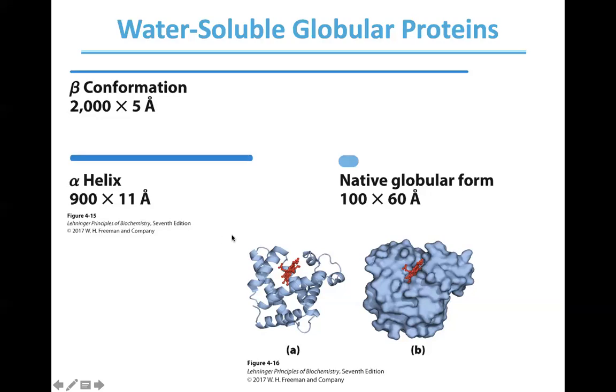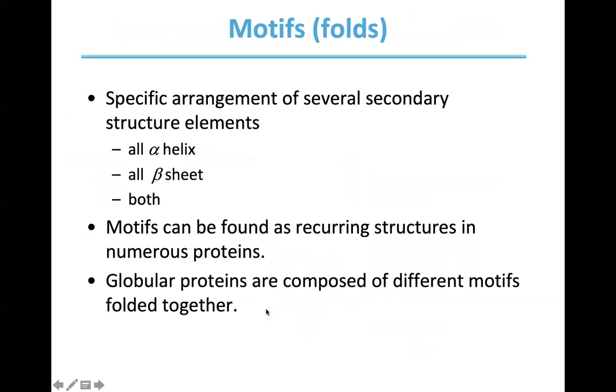But nature manages to make it so small and globular that it's almost spherical, about 100 by 60 angstroms. So it becomes a very small protein because of its compact nature. This is something we need to remember.